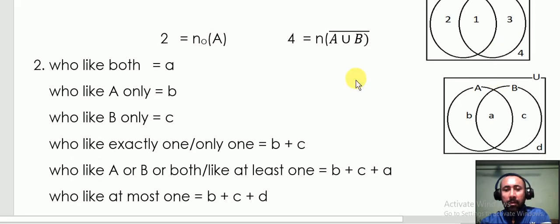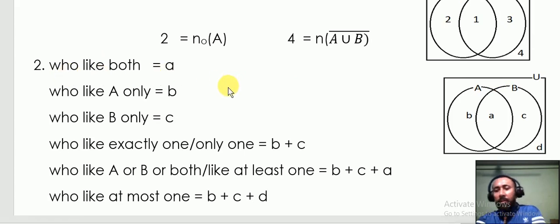Now let's have a discussion on what are the things that are asked in the question. Suppose the question is asked for like both, then we will be writing the value a. This is A intersection B. So for the answer to like both, we write a. And if we are asked to find who like A only, then the answer is b.